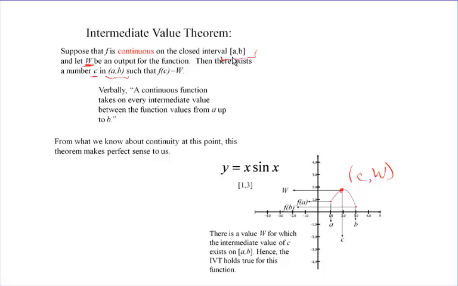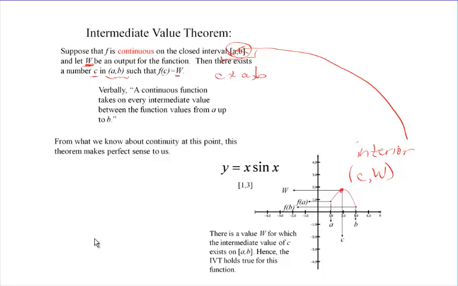In other words, C cannot be an endpoint. C cannot equal A, and it cannot equal B. That's important. Such that the output of the function at C is W. So this point is somewhere on the interior of our closed interval that we started with.